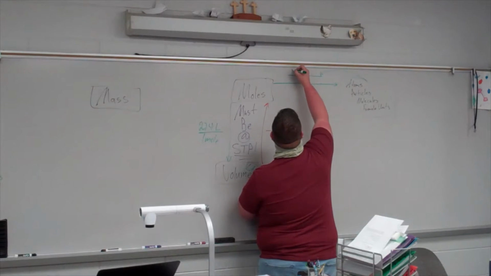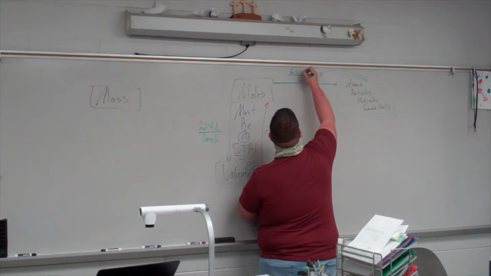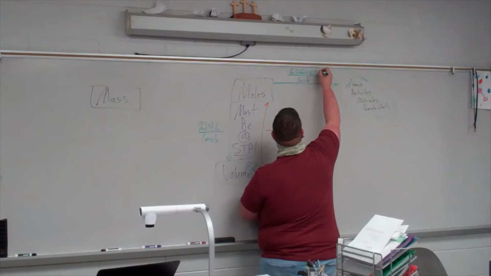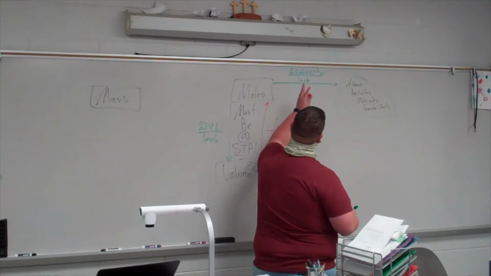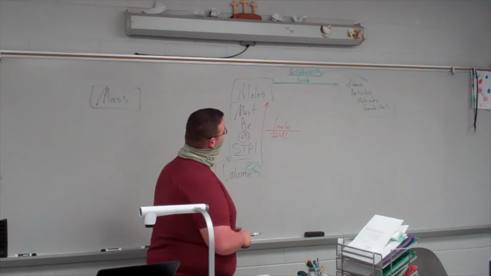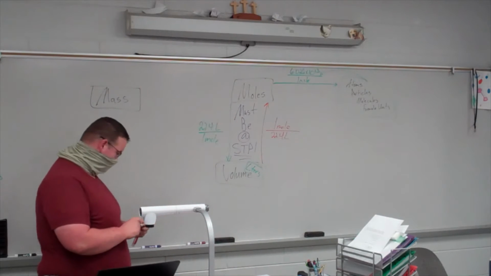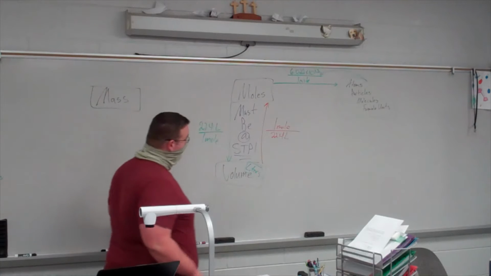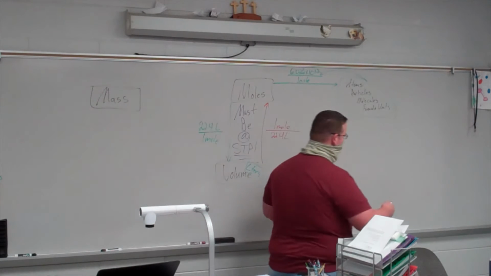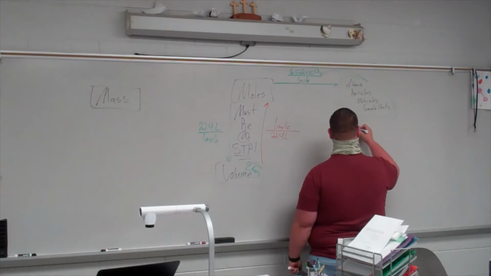Avogadro is famous for this number, 6.022 times 10 to the 23rd power. This is a very special number.